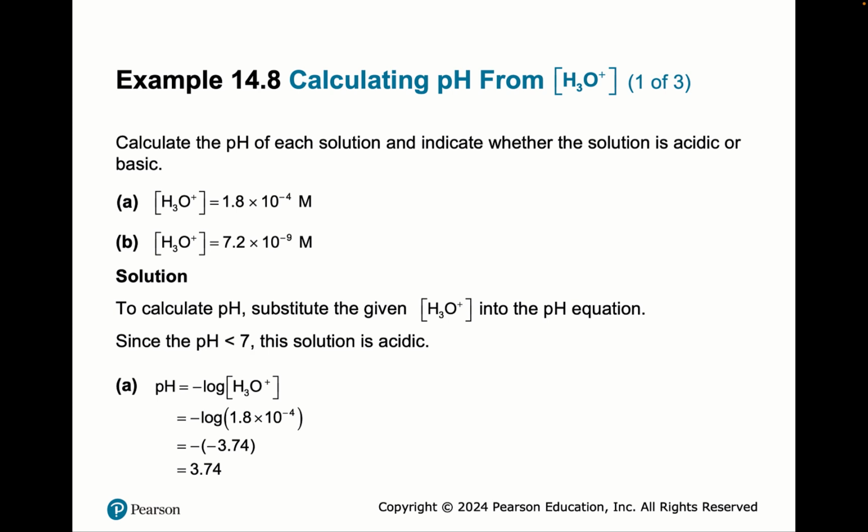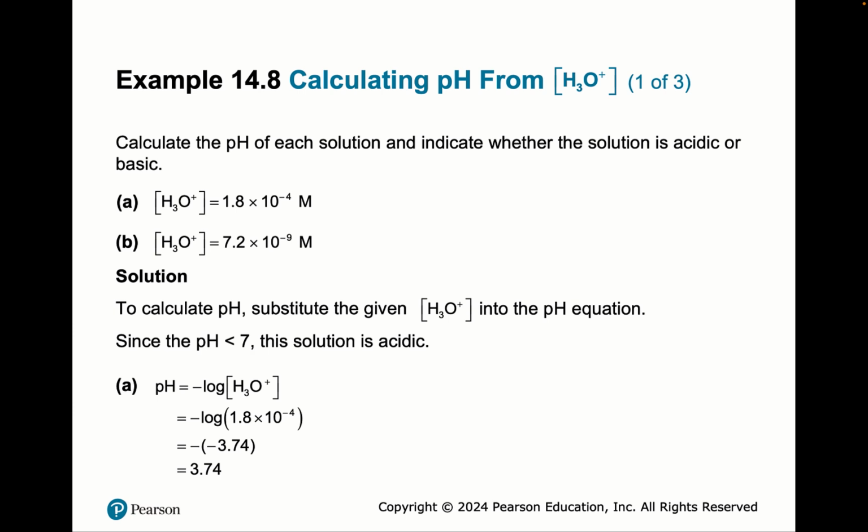and you get 3.74. Now note something: 3.74 has 2 sig figs, so the numbers to the left of the decimal point for pH and pOH do not count as sig figs. That is just the exponent. Only the numbers to the right of the decimal point in pHs and pOHs carry sig figs.